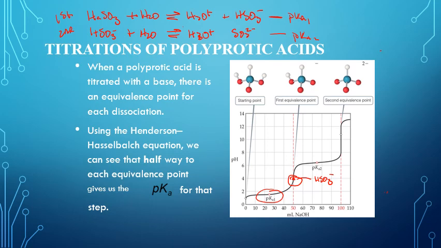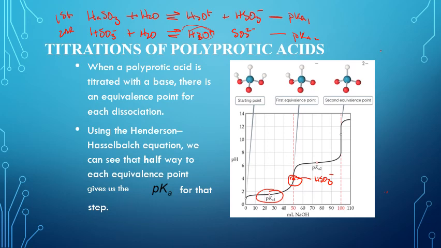So as I begin to add more of the NaOH, now you'll notice, again, I start to have another rise in the pH, and that's due to the fact that, again, that pKa2, I'm now starting to neutralize some of the extra H3O plus that is forming from the HSO3 minus dissociating. And so I have that occur as well.